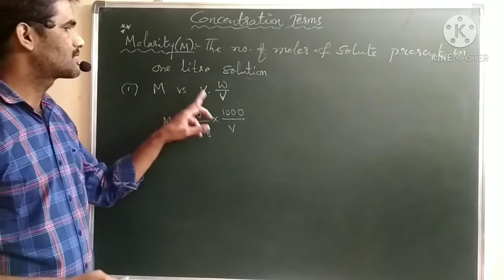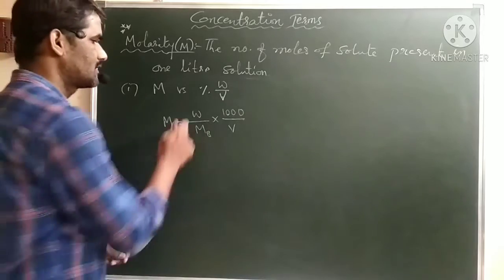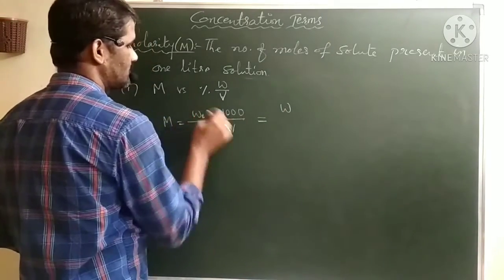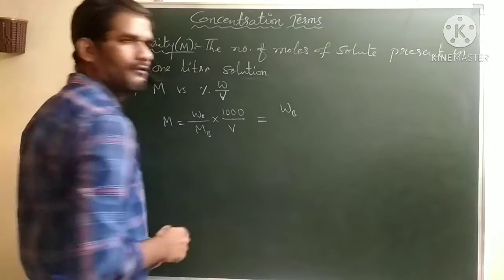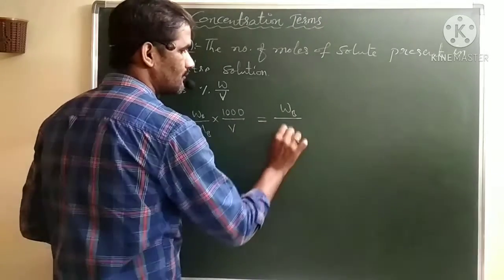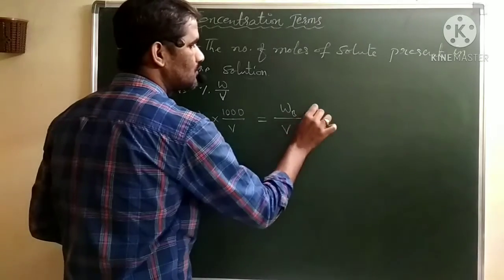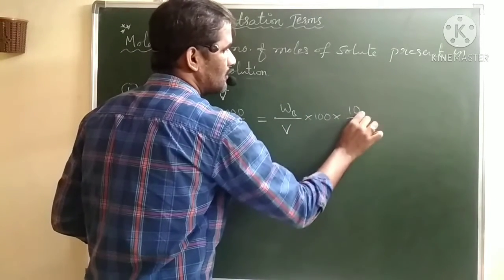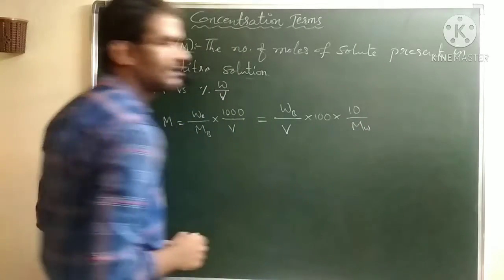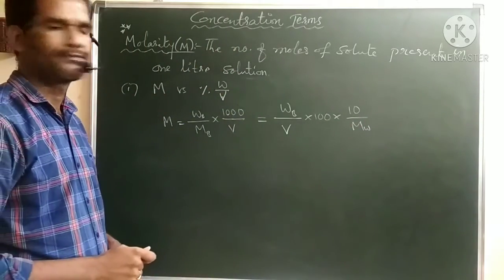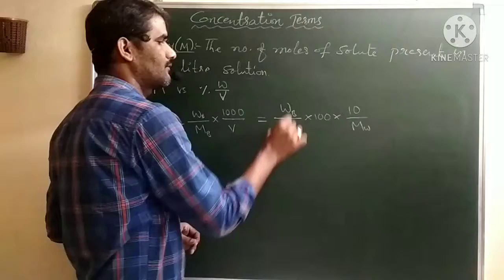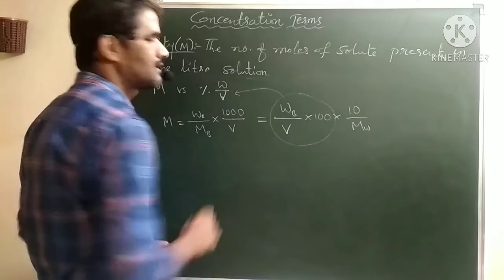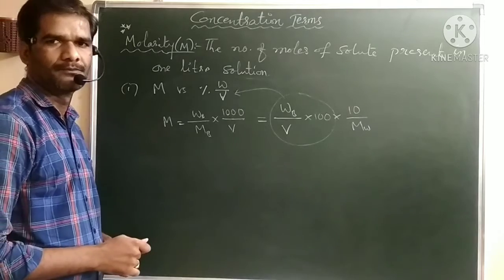But we know that percentage weight by volume, so this we can write like this: weight of solute by volume into 100, into 10 by molar mass. That is molecular weight. Here this part, weight by volume into 100, represents percentage mass by volume.